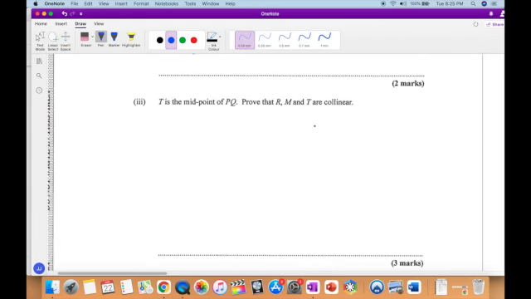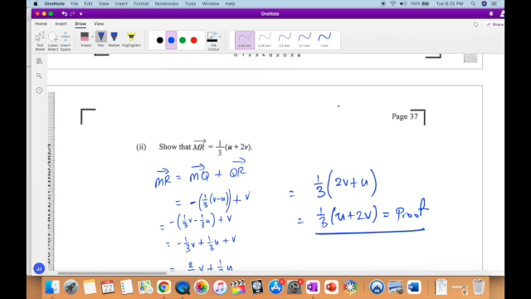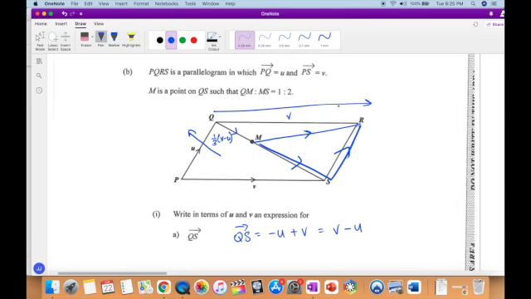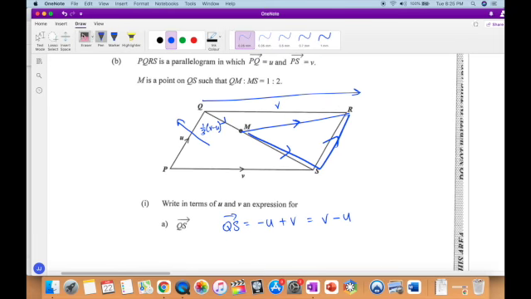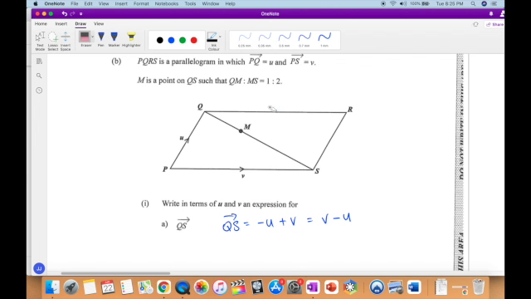T is the midpoint of PQ. Prove that R, M, and T are collinear. So let me rub off all of this. T is the midpoint of PQ, so that is T. What they're saying is T, M, and R are collinear.